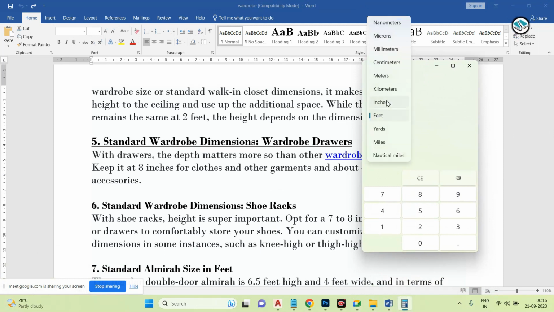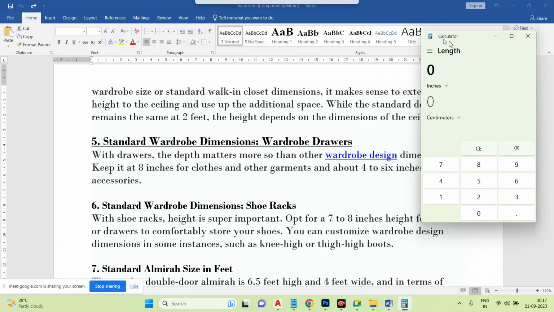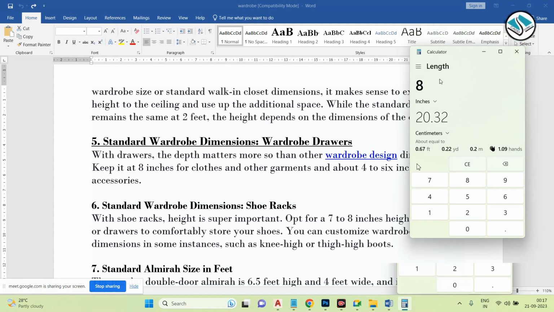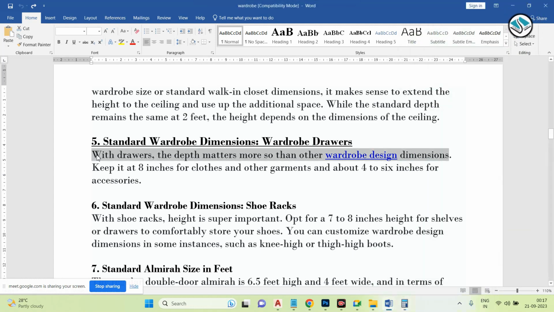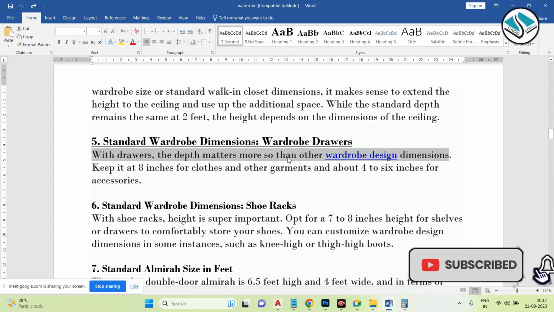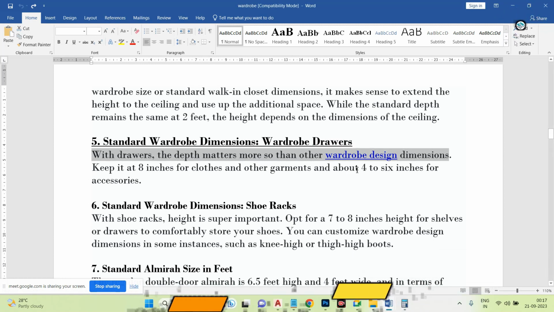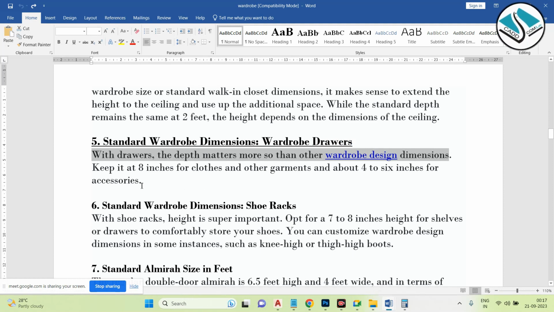The drawer standard is 8 inches, and in centimeter you can use 20 centimeter. Just see, with drawers the depth matters more than other wardrobe design dimensions. Keep it at 8 inches for cloth and other garments, and about 4 to 6 inches for accessories.